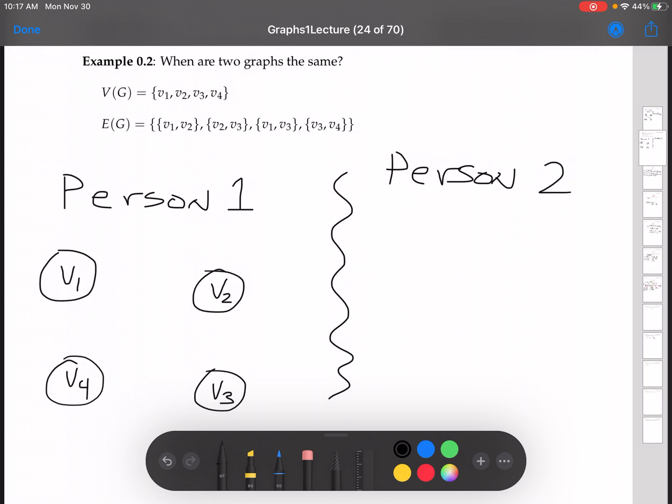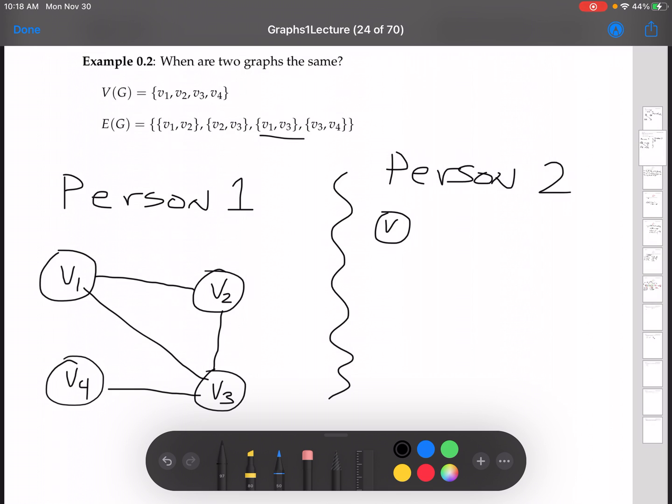There's an edge from V1 to V2, an edge from V2 to V3, an edge from V3 to V1, because V1, V3 is the same as V3, V1, so we have that.